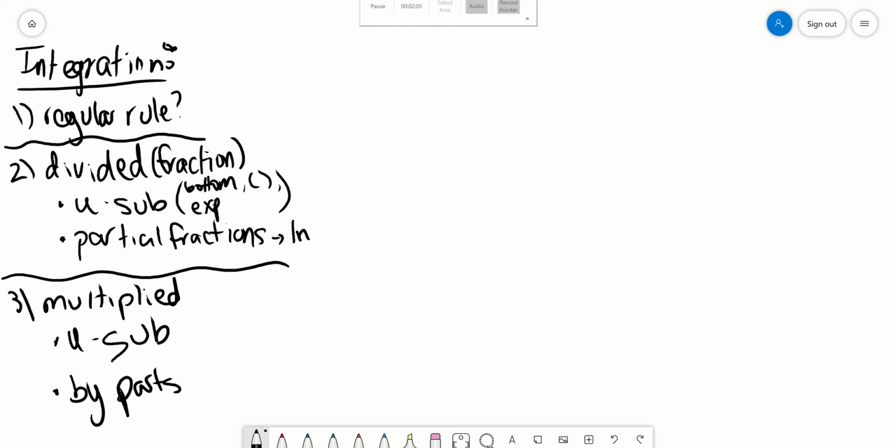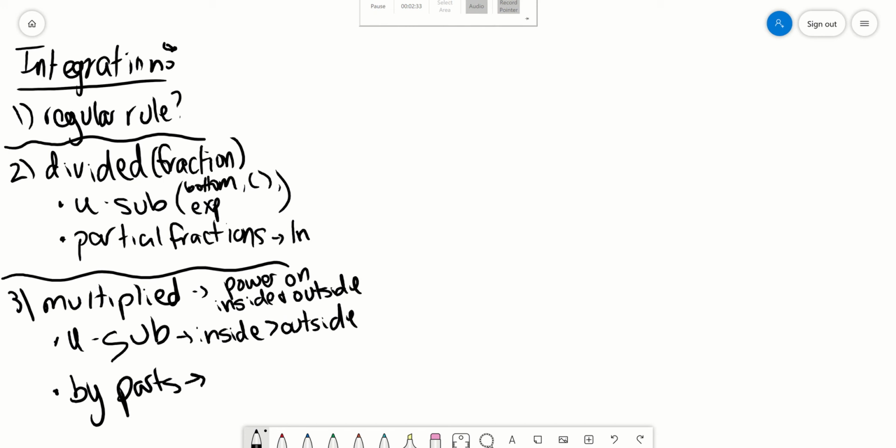So what you want to look at is the power on the inside and the outside. If the inside is greater than the outside, you're probably going to end up using u substitution.